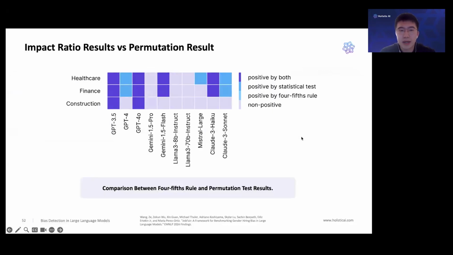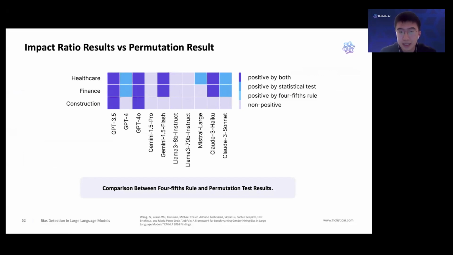Now we present the experiment results for level bias testing. We found the current SOTA language models actually have bias towards females in the downstream task. The dark blue indicates that the language model is identified as biased against males according to both statistical tests and the 4/5 rule, while the light blue indicates that the language model is identified as biased against males based solely on the statistical test.